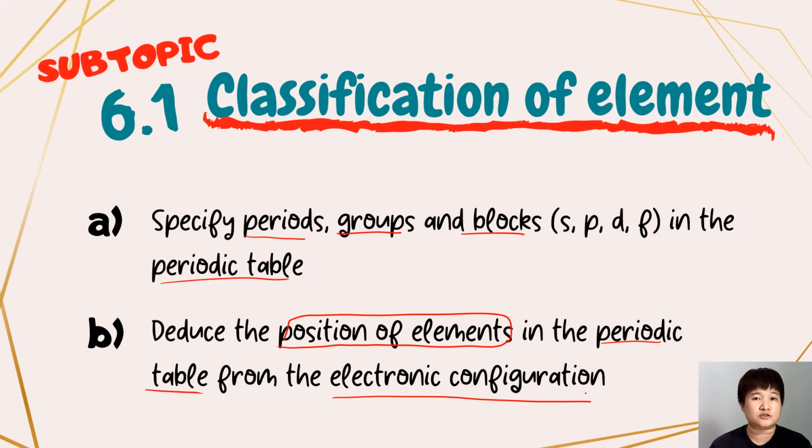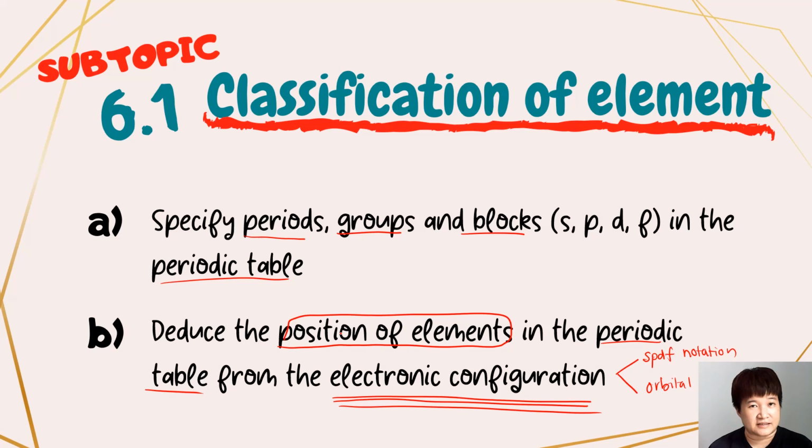We have learned electronic configuration in topic 5, and we have two types: the SPDF notation, and the orbital diagram. Make sure you understand and have the ability to write a correct electronic configuration before you proceed to topic 6. So let's start.